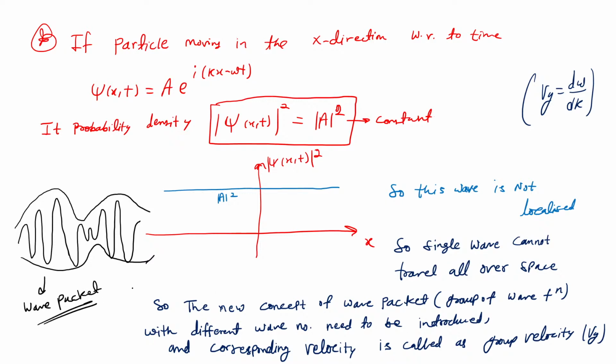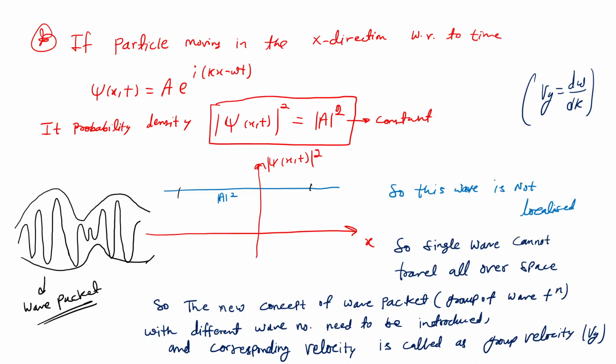So this is how the wave packet or the group of wave functions is introduced, and the group velocity needs to be introduced just to understand the particle movement phenomena. Because you see here, if I say an electron is at this position, that same electron is here with the same probability, which is basically not possible.